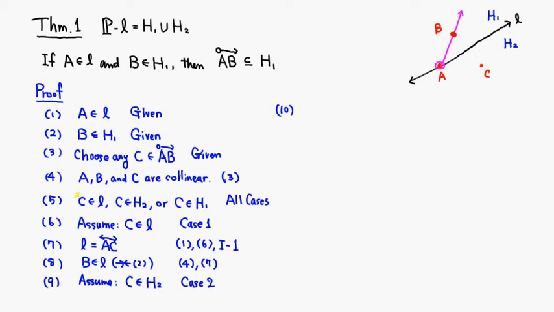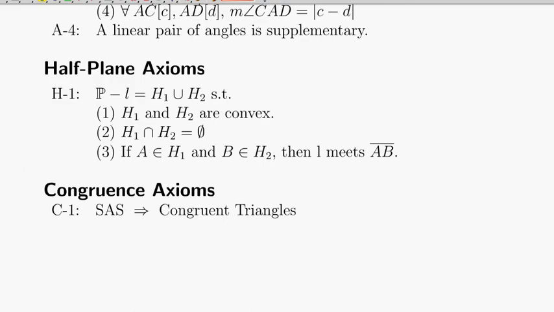We know that by H1 part 3, and just in case, let's double check. Here's H1, part C. It says that if you have a point in H1 and another point in H2, then the borderline will meet the segment.